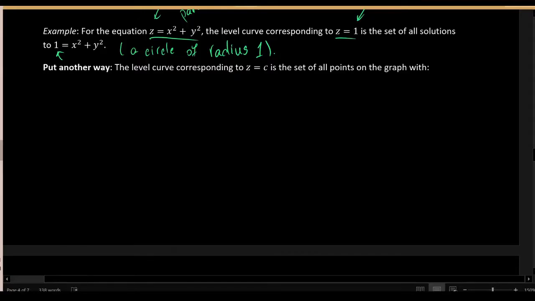So that's a more conceptual way to think about the level curve, in terms of heights or elevations. The level curve corresponding to z equals c is the set of all points on the graph with a height or elevation of this value c that's given to you for the z value.